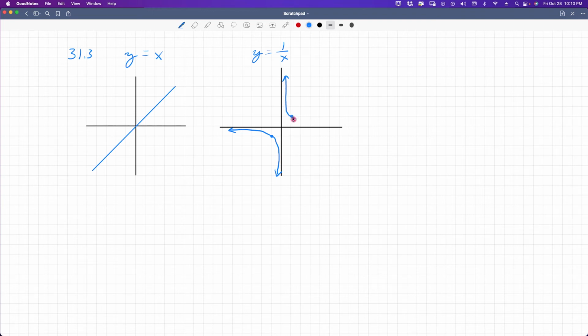It kind of goes there, and that kind of goes there, right? So the y-axis is our axis of avoidance. We don't touch it. So the graph of the reciprocal function y equals 1 over x is here, and the original function crosses the x-axis at x equals 0.